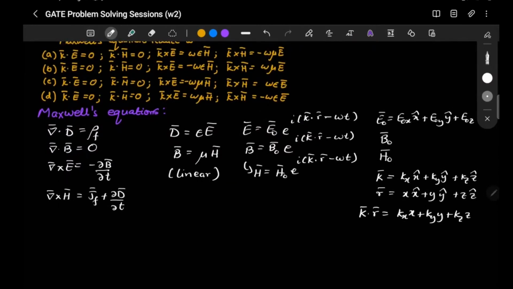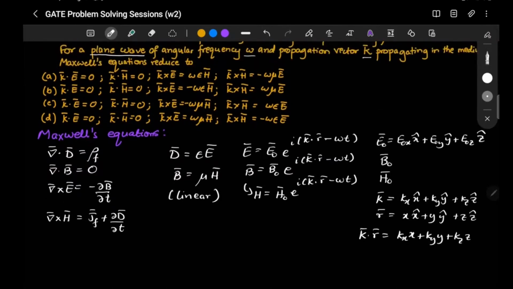And now we will look at each of these four Maxwell's equations, and we will try and plug in these expressions for E and B, and then see which of these options turn out to be the correct ones. So you can see that k dot E and k dot H is 0 in all of these options, so we do not necessarily need to check them.